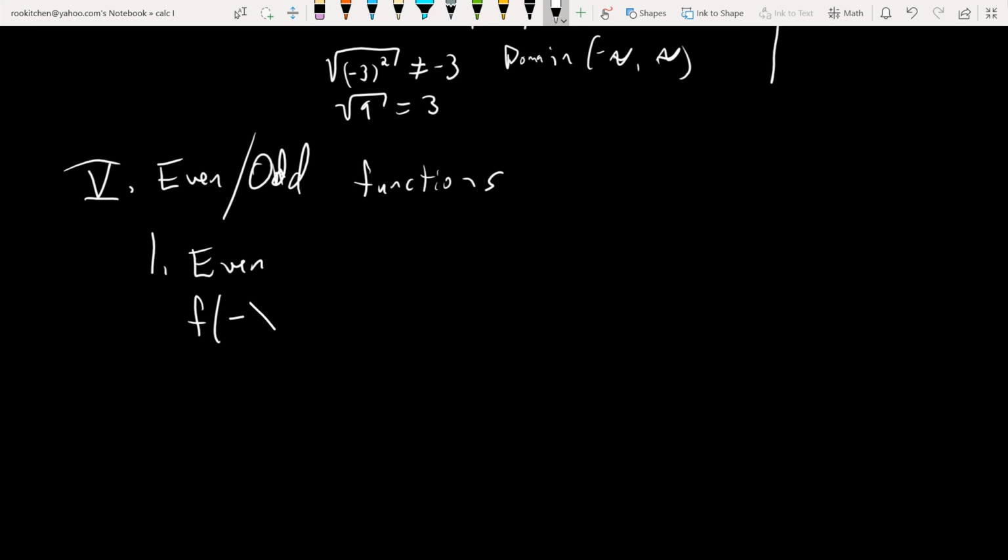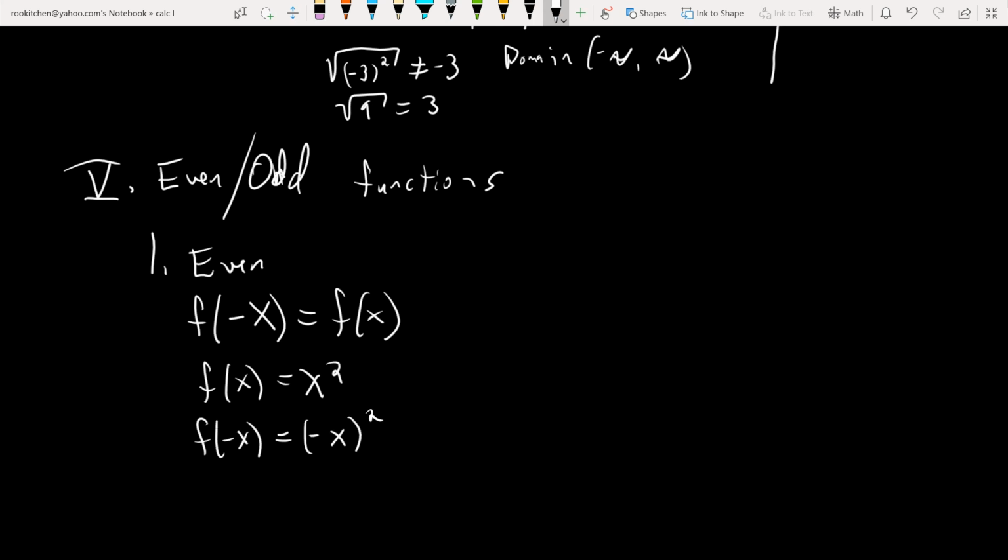So if you plug -x in for x and you get out f of x, then it's even. Okay, so for example, f of x equaling x squared. If I put -x in for x, I get (-x) squared, which equals x squared. Right? A negative squared is positive, and that equals f of x. So this thing is even. Okay, so in this example, f of x is even.